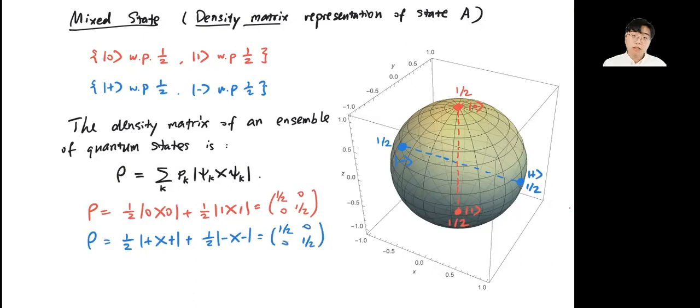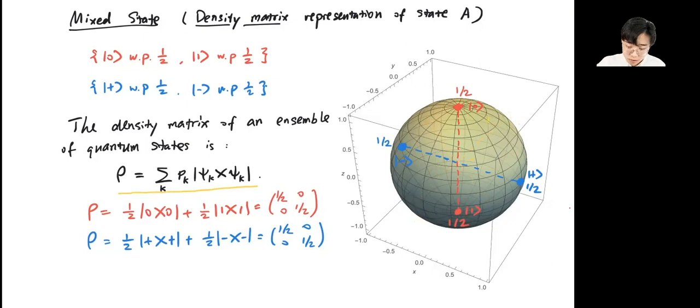This is a very clean mathematical way to represent the state of Alice's qubit, which is independent of Bob's measurement outcome. In fact, if you look more closely, there are an infinite number of ways to write down the same density matrix as a statistical mixture of quantum states.